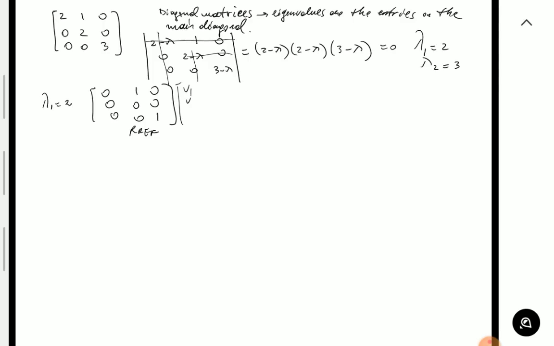Remember, basically we're solving this system, right? (v1, v2, v3), the eigenvector, equal to 0. So pivot columns correspond to v2 and v3, meaning that v2 equals 0, v3 equals 0, and then v1 is left to be arbitrary.